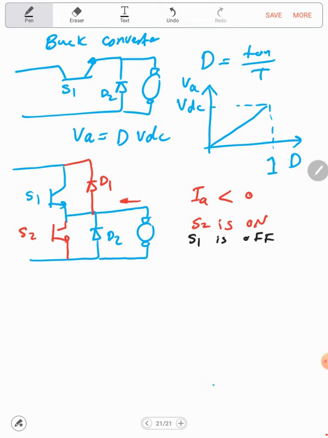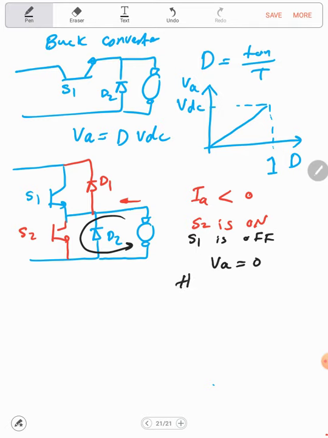In order to avoid a short circuit on the supply side. Now if S2 is on, this means that the current is freewheeling via the switch, and simply this means that VA is equal to 0. If VA is equal to 0, now the energy will be stored in the inductance.